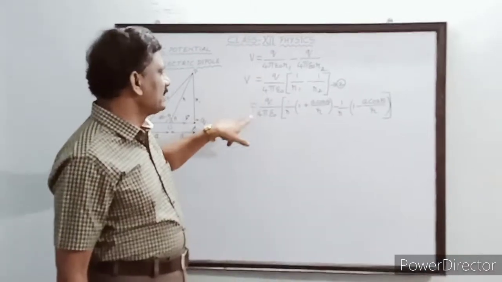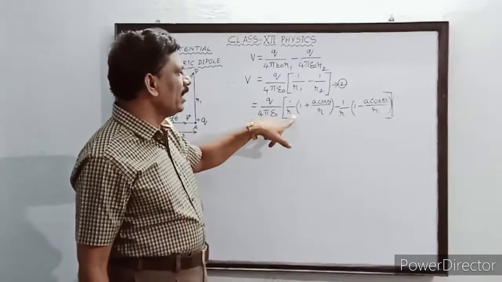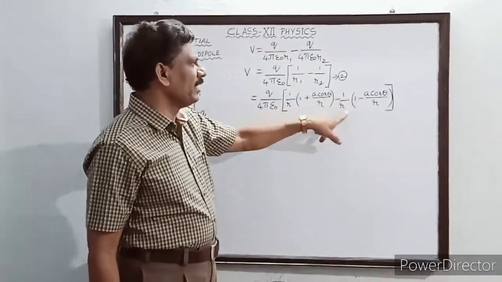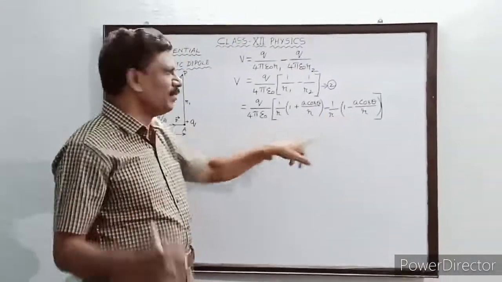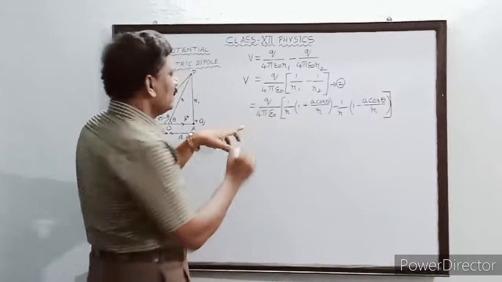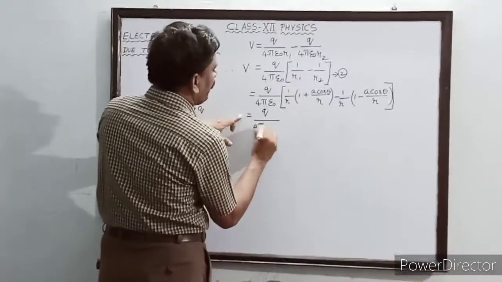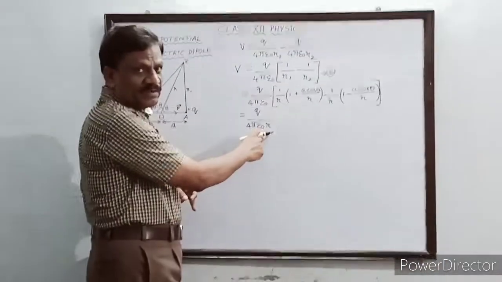So, V is now equal to Q by 4 pi epsilon naught into 1 by R into 1 plus A cos theta by R, minus 1 by R into 1 minus A cos theta by R. I have substituted; the common factor is 1 by R. So, this is now equal to Q divided by 4 pi epsilon naught R, this 1 by R has come out. Don't forget the term.